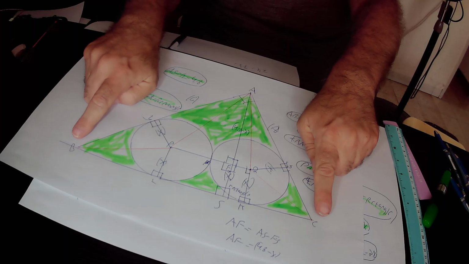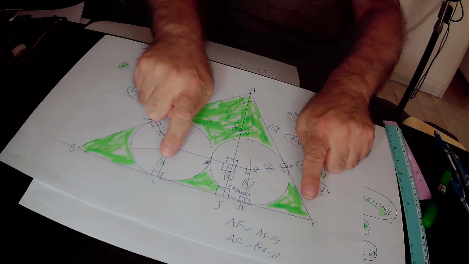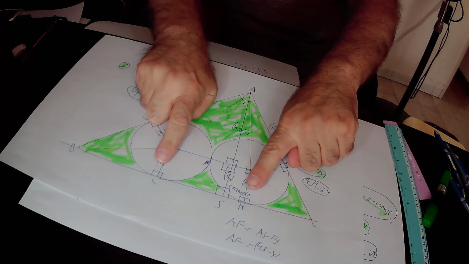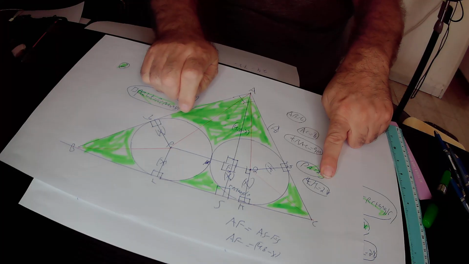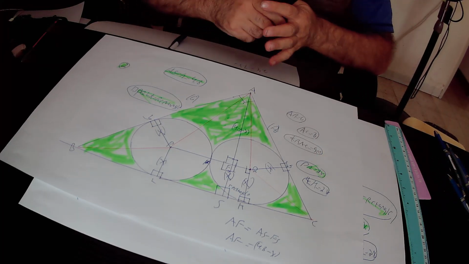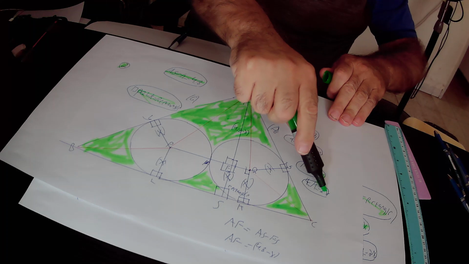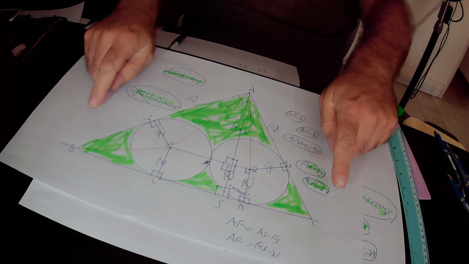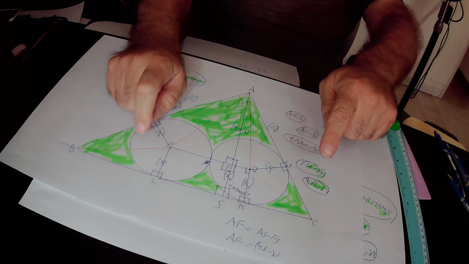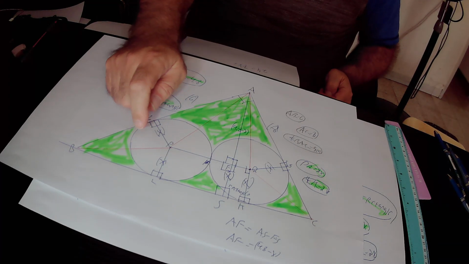So BL plus KC equals BC, that is 10, minus KL, that is 2x, which is 10 minus 2x. KL equals 2x. Okay, so in total, BL plus KC equals 10 minus 2x units.